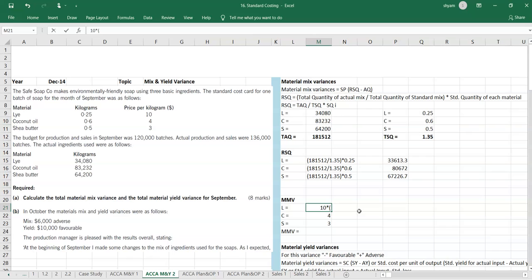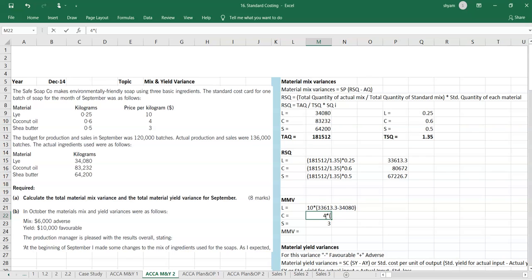So RSQ is 33,613.3 minus AQ. AQ we get from here, which is 34,080. We got that. Close the bracket. Done.